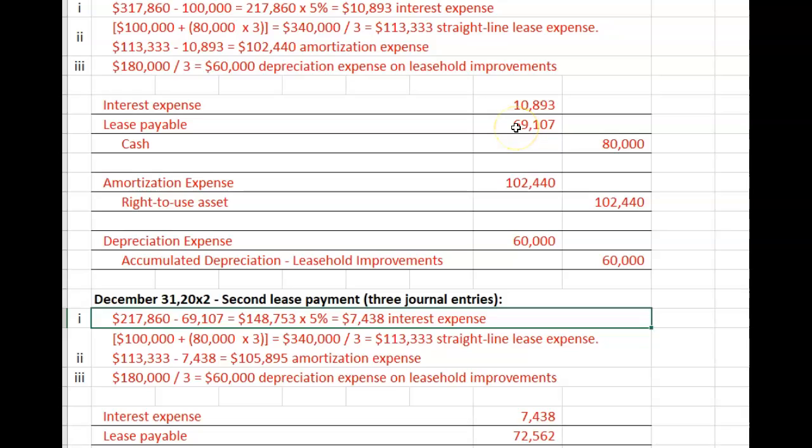During year 1, on December 31st, X1, when we made that first $80,000 payment, we debited the lease liability for $69,107, which reduced the lease liability. So the lease liability at the end of year 1, after that first payment, was $148,753, times 5% equals $7,438 of interest expense for year 2.